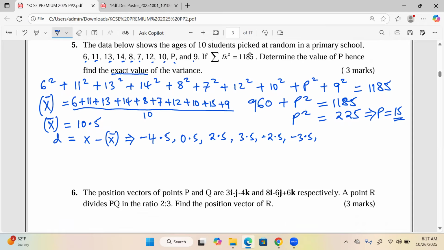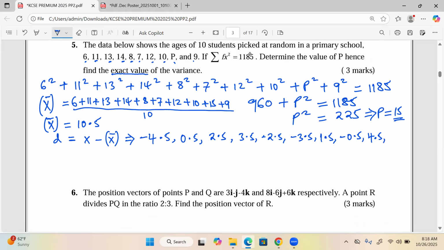After 7, we talk about 12 minus 10.5, which gives us 1.5. After 12, we talk about 10 minus 10.5, giving us negative 0.5. After 10, we go to p itself, which is 15 minus 10.5, I'm getting 4.5.